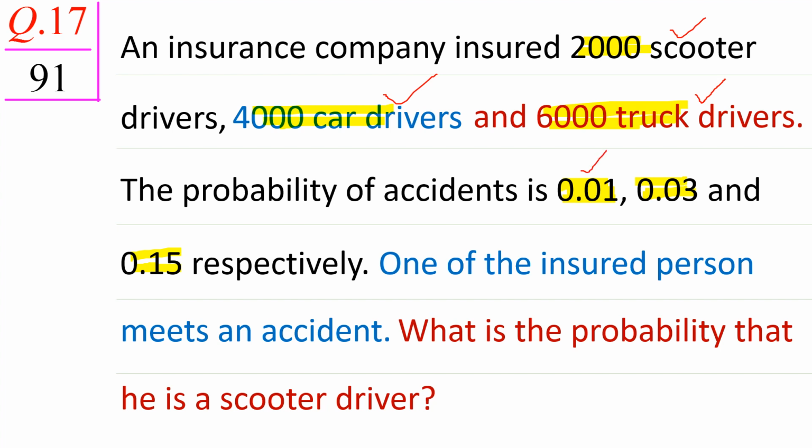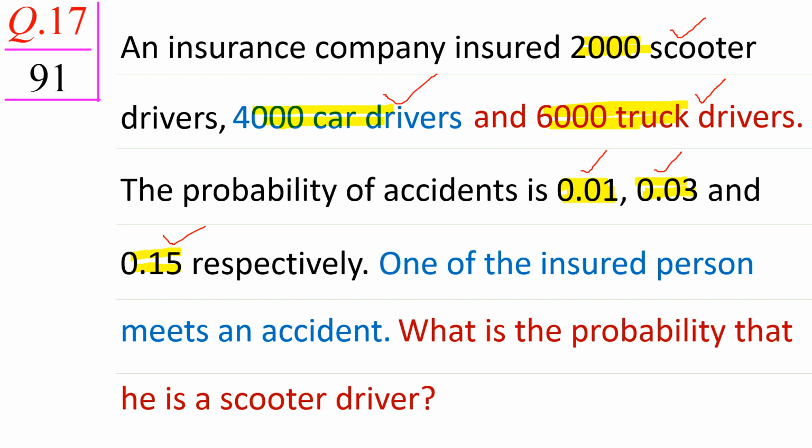So 0.01, 0.03, and 0.15, they are called prior probability. They are called prior because this information we have already known before meeting an accident, and this is possible from the past experience. The past experience, the insurance company knows about this figure.